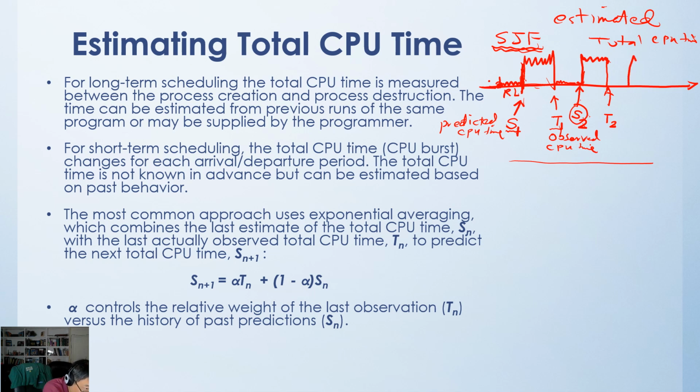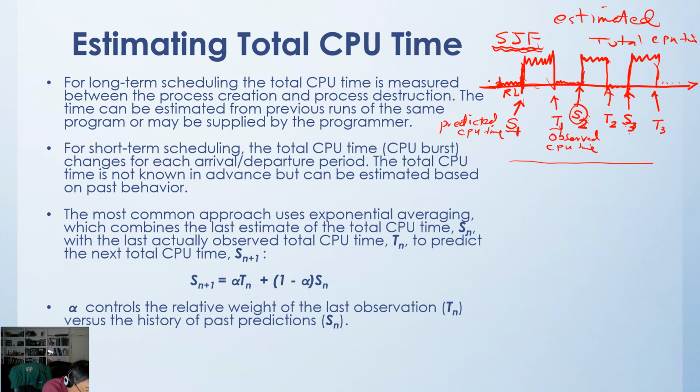Then again, we need to predict the CPU time before the process acquires the CPU again, and get the CPU based on the predicted CPU time. So we calculate S3 based on the previous information we got, and after it finishes, you get the actual CPU time, or observed CPU time. So we keep doing this.